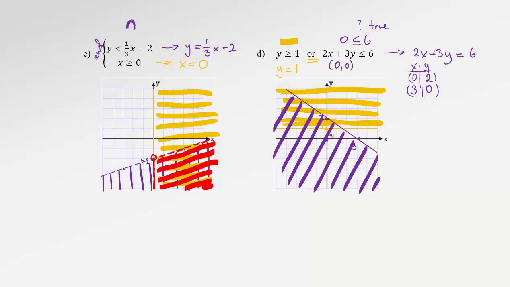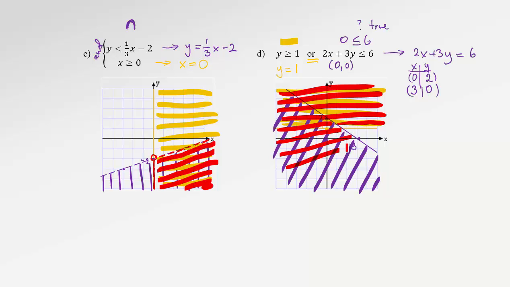And now I reserve red color for the final answer. So orange or purple. Everything was shaded in orange or purple. So the only thing that is actually not shaded is this tiny angle on the right side. Okay, everything was here and there. So this part for sure, and over there and here, everything until the corner. And as usual, we need to decide what about the edges, what about the boundary lines.